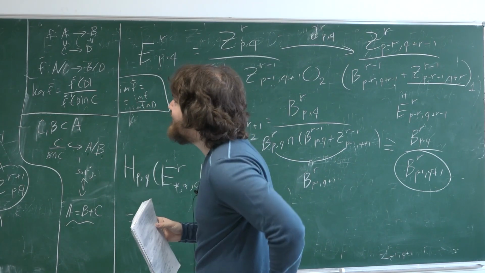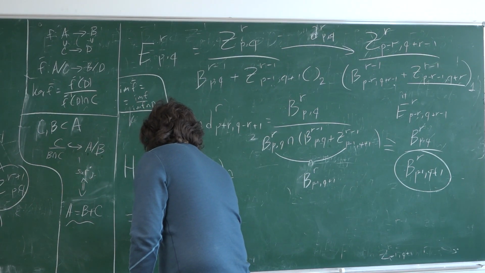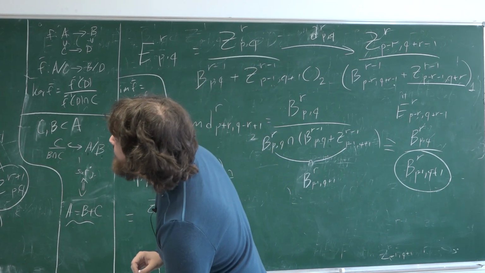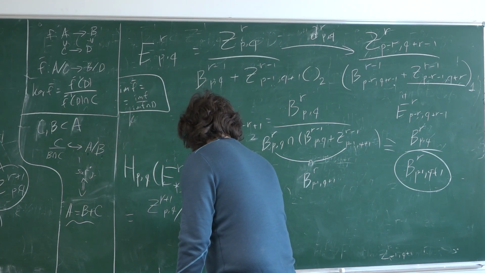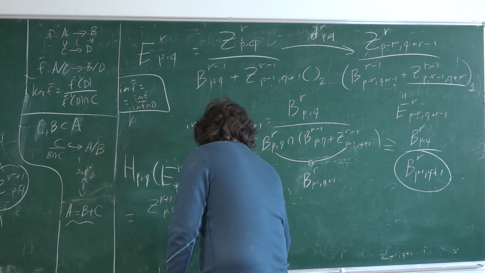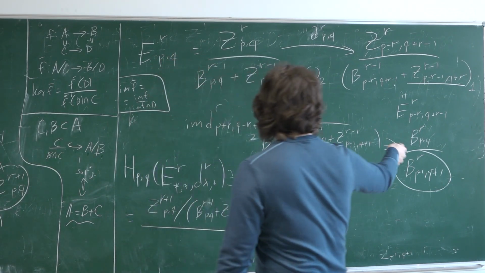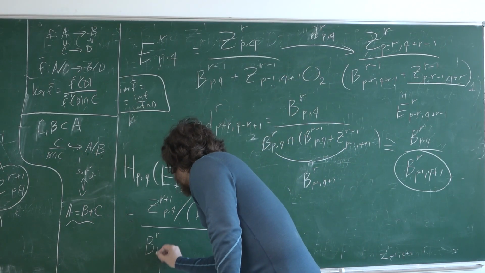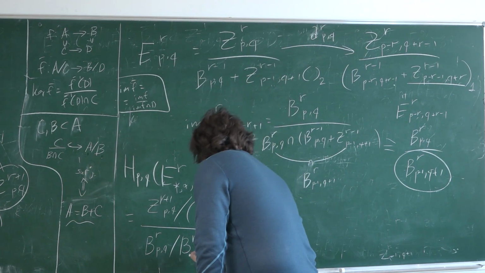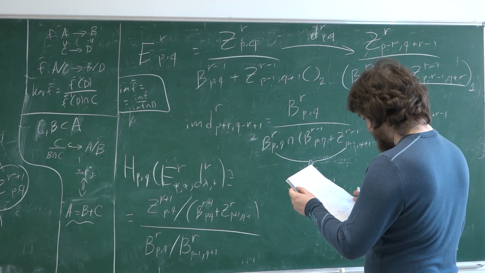Its kernel is Z R plus 1 PQ modulo B R plus 1 P R minus 1 PQ plus ZR P plus 1 Q minus 1 modulo B R PQ modulo B R P minus 1 Q plus 1. Yes.